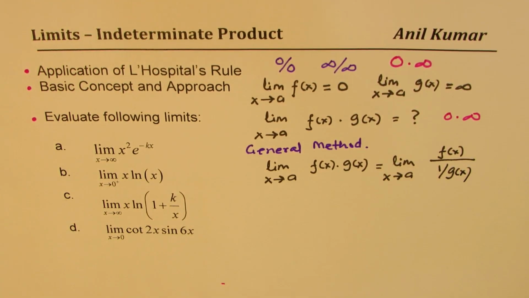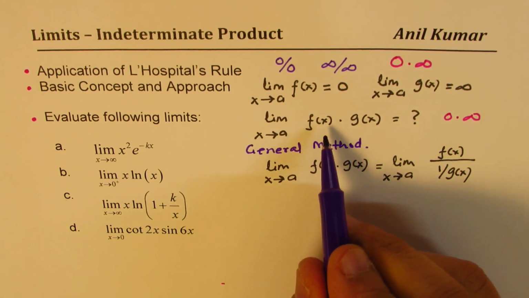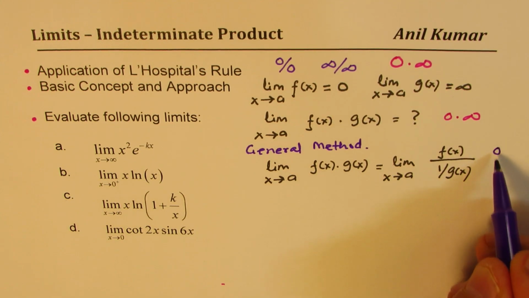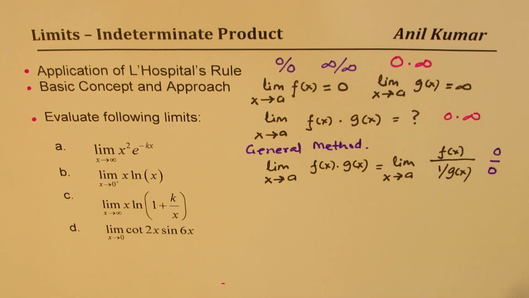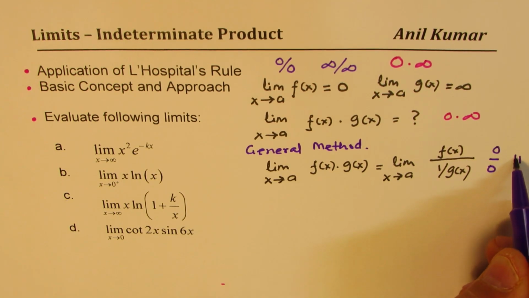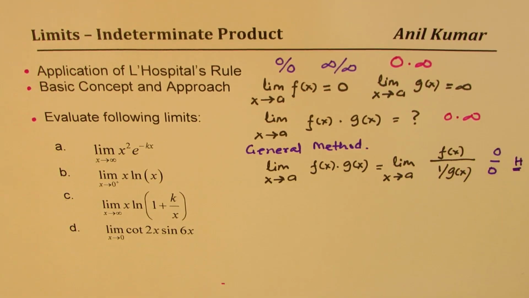As soon as I do this, what really happens is that we get a situation where this was approaching 0, so this is a 0 over 0 situation. So in this case, we'll now apply L'Hopital's rule and get our solution. So that is the approach.